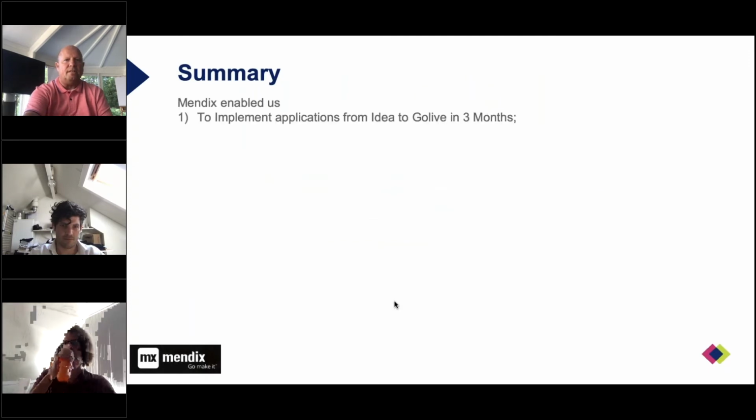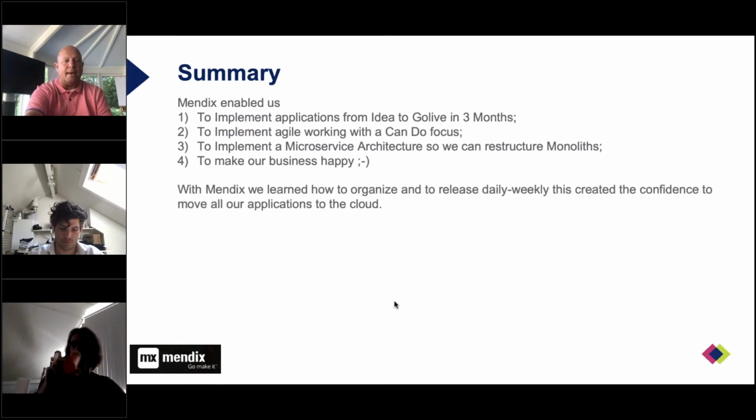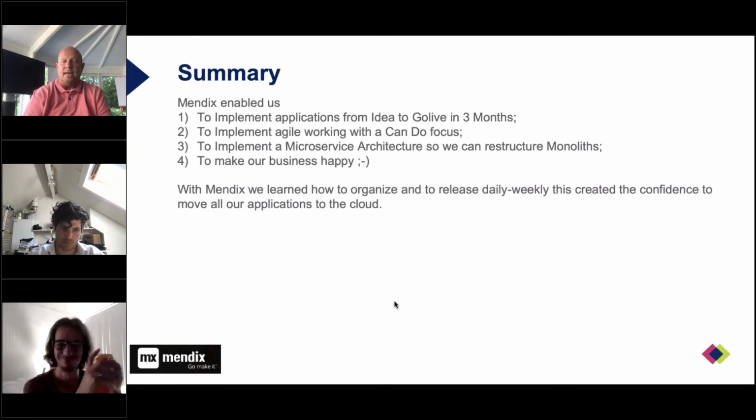The summary: Mendix enables us to implement applications from idea to go live in 3 months. We have to implement the can-do focus. Microservice architecture is very important to implement and restructure monoliths. That makes the business happy, and based on that, we learned to organize and have the vision that all our apps should be releasable within a week, and not in months.